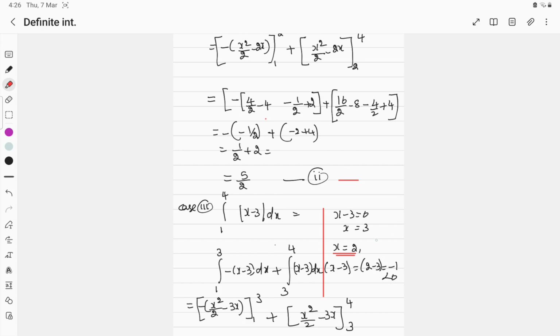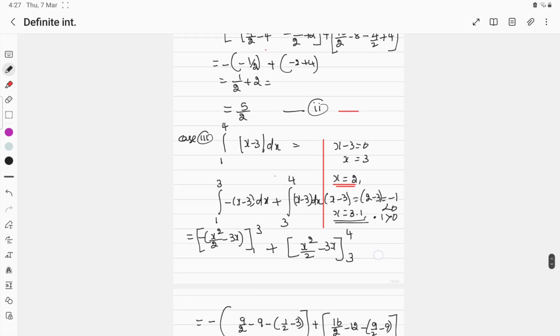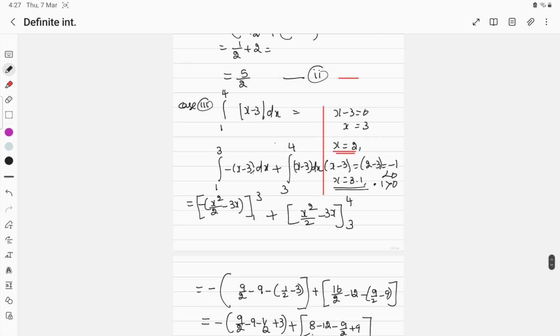If we put x is equal to 3.5 or 3.1, anything, then we get 3.1 minus 3, we get 0.1 is greater than 0. Therefore, in the interval 3 to 4, it is an increasing function. Therefore, in the interval 1 to 3, it is decreasing. In the interval 3 to 4, it is increasing.